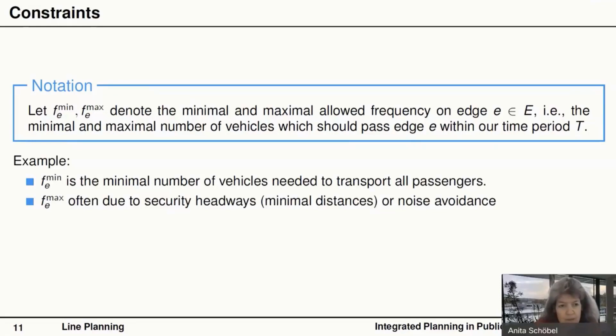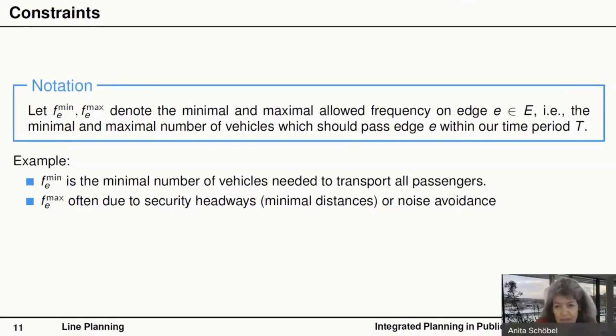Examples for determining the minimal and the maximal frequency, or the minimal and the maximal number of vehicles: the minimum should be the number of vehicles that you need to transport all passengers. That can only be approximated, but if you know from the OD pairs from where to where the passengers would like to travel, you can in a first step route the passengers just by using shortest paths, whatever.